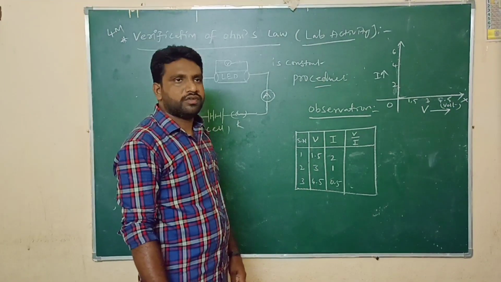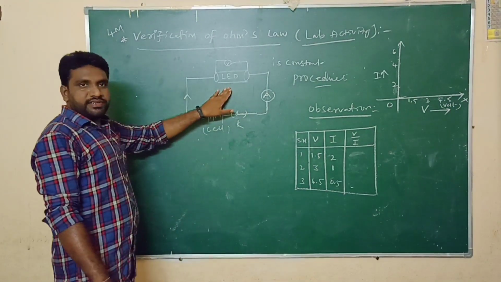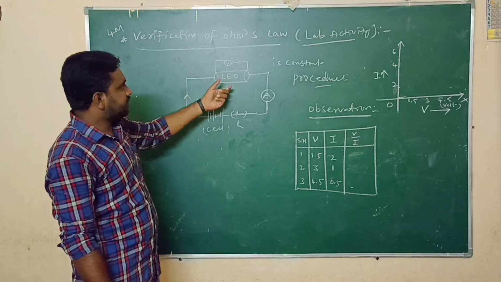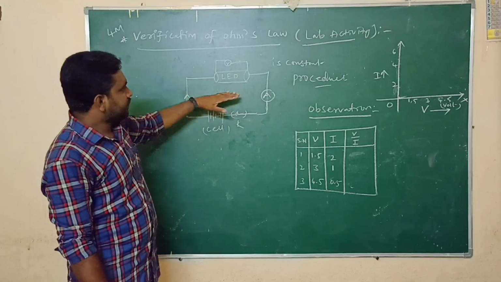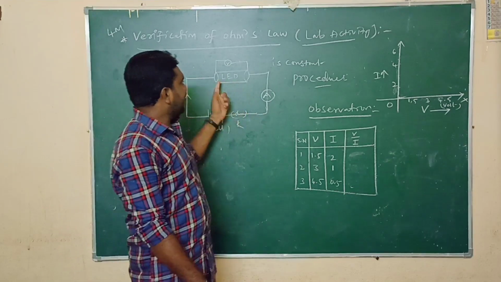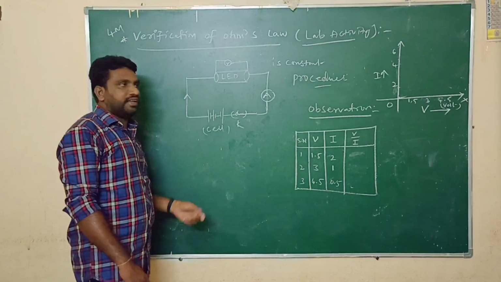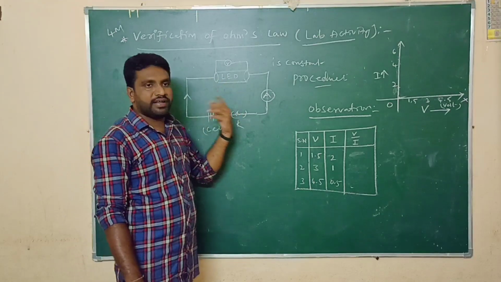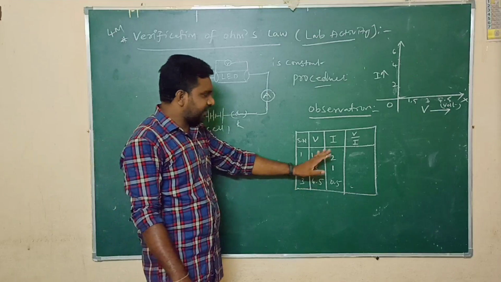Now, if we repeat the same process by connecting the LED in place of the iron spoke, the LED is a semiconductor, emitting light. In case of semiconductors, the current value does not follow any regular sequence. We get the readings like this.